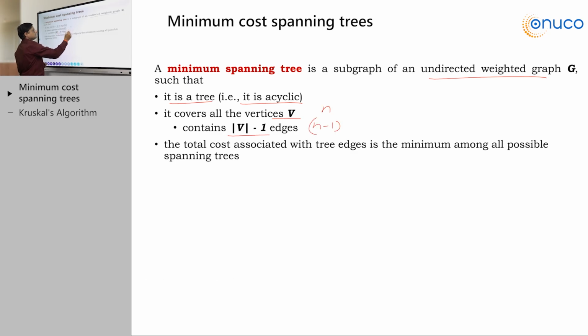If n is the number of vertices, there are n minus 1 edges. And the total cost associated with that spanning tree is called the minimal spanning tree cost. We discussed all this in previous lectures as well.